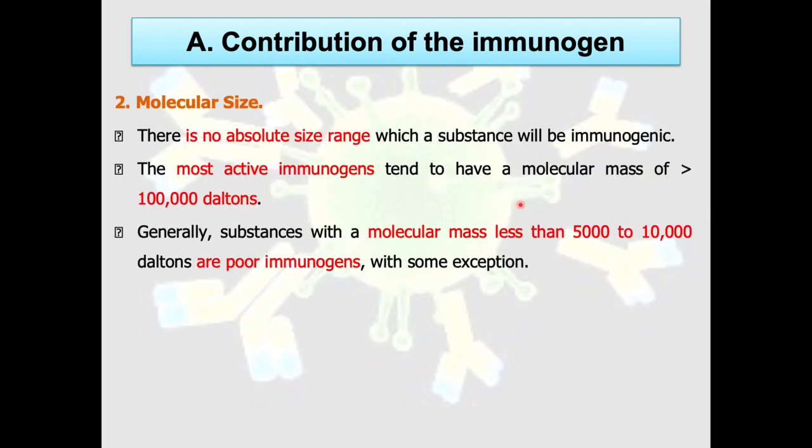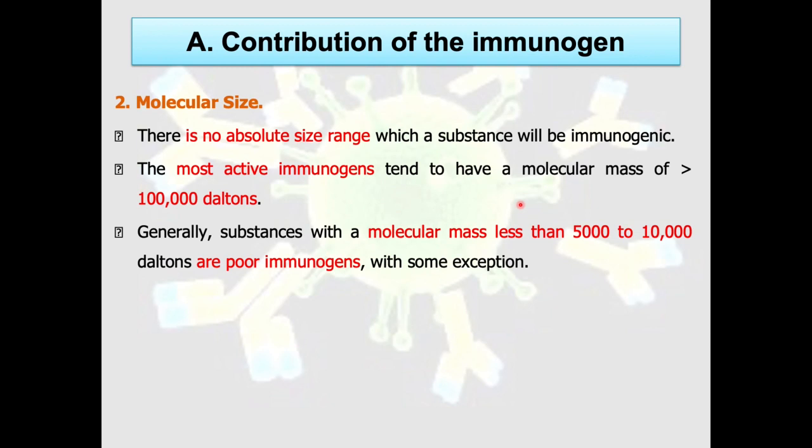The second one is molecular size. There is no absolute size range that we can say this molecular size is very immunogenic and this molecular size is not immunogenic and doesn't give any immunogenic effect. There is no such thing.